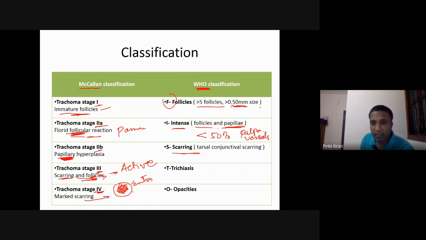In the scarring stage, you will have scarring of the conjunctiva. In the trichiasis stage, at least one eyelash rubbing the eyeball is known as a trichiatic eyelash. Then what is opacity? Suppose this is the cornea. Corneal opacity which is covering the pupillary area is considered to be stage 5. That is the opacity.